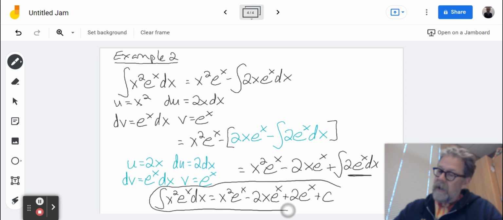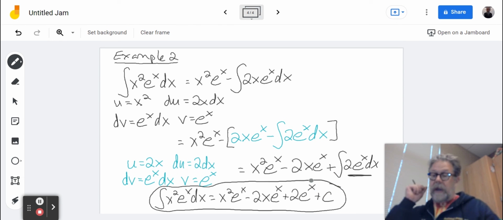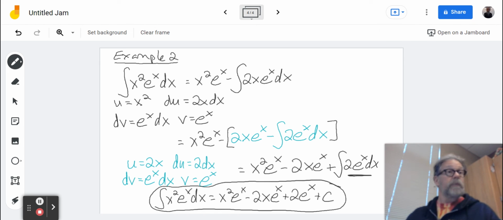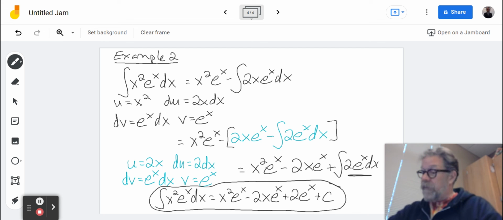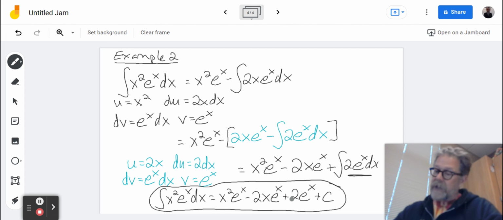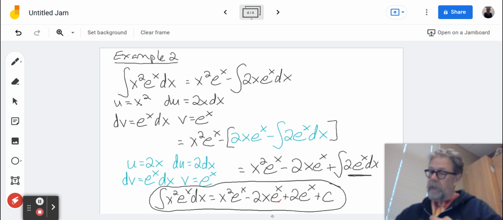And there is the integral of x squared e to the x with respect to x. And you can do this indefinitely, just so long as it gets simpler every time. We had an x squared, then we had a 2x, and then we just had a 2.